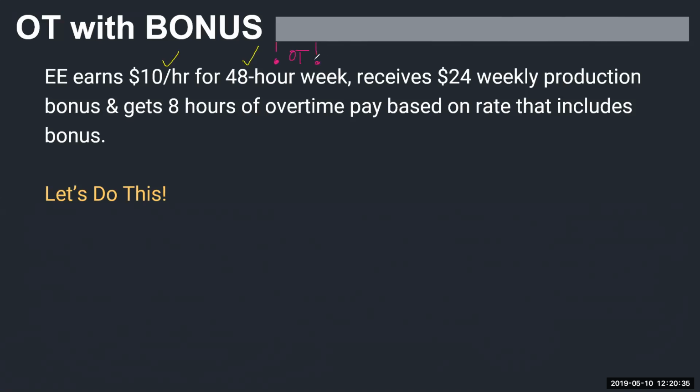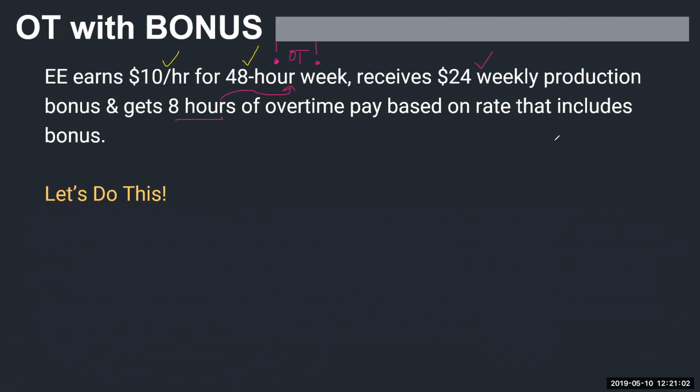Note to self, I'm not going to let the question fool me. I'm on it. Next. This employee has received a $24 weekly bonus, and they get 8 hours of overtime. Okay, already caught this, but that's nice. It's repeating the same piece of information. So let's calculate what this employee is earning.